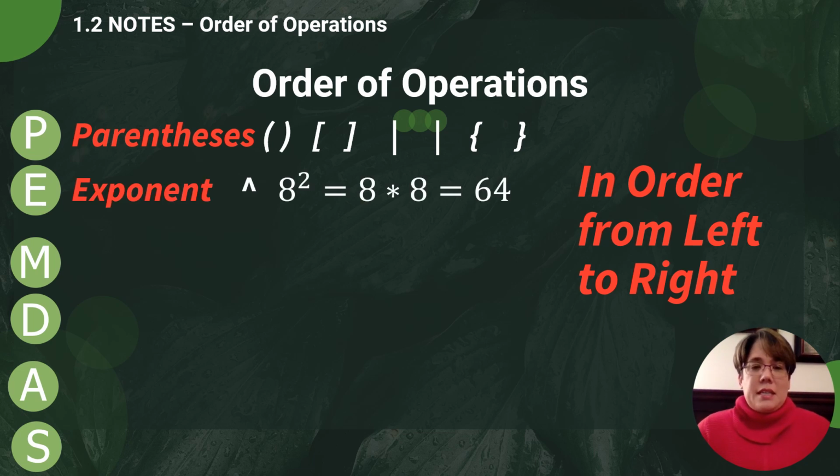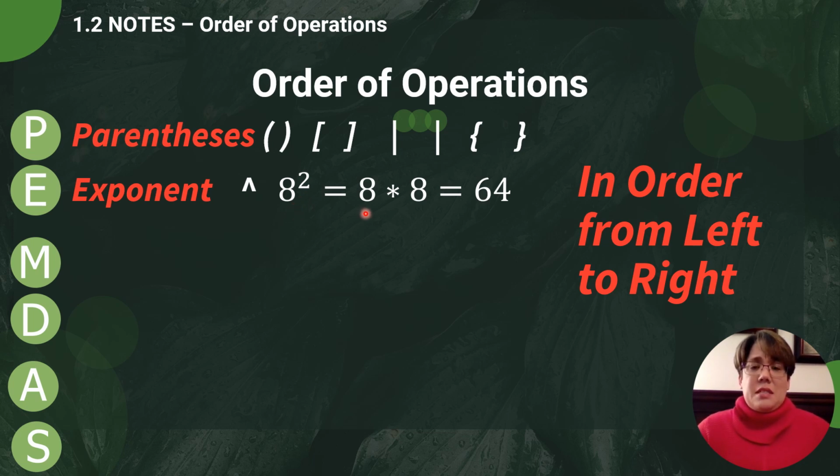The second is exponent. Exponent is done by notation. You'll oftentimes see this raised little caret here. A lot of times, sometimes you'll see people call this a carrot top. This is 8 raised to the second power, or 8 squared. If you see a 3 here, people will call that 8 cubed.